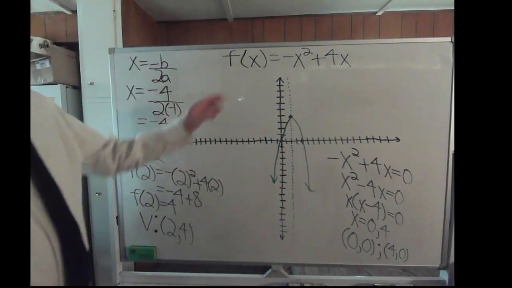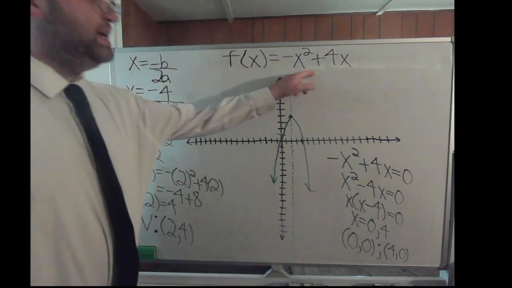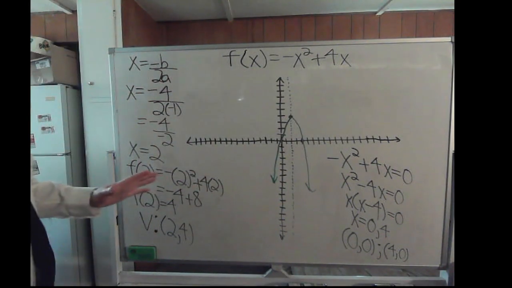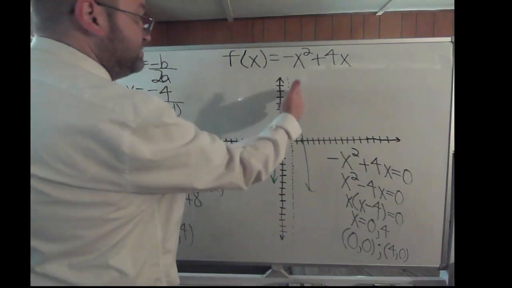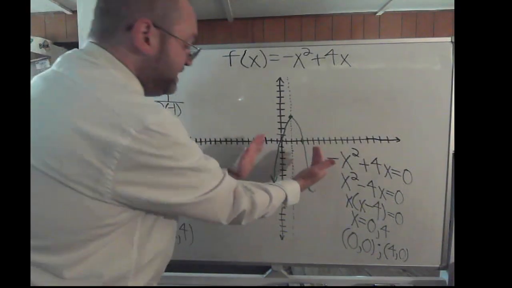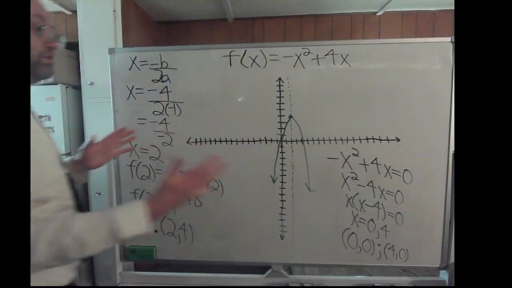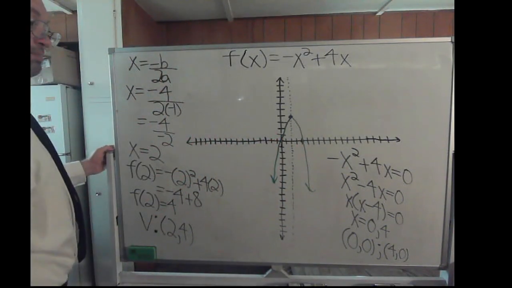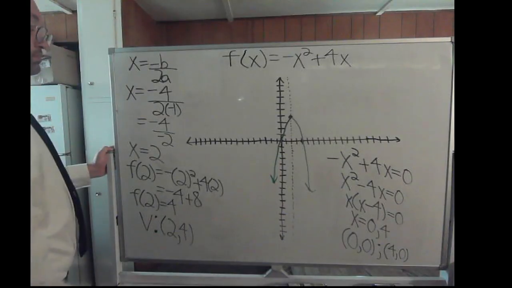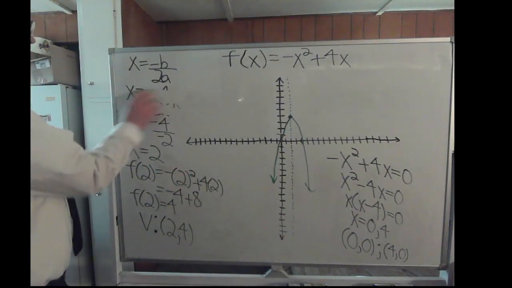So this here is the graph of f of x equals negative x squared plus 4x. And you have a perfect line of symmetry going through x equals 2. If you take this parabola, fold it over on itself, it would fold right on top of itself and be a perfect shape. Okay.